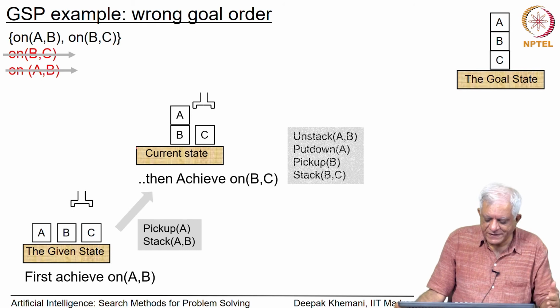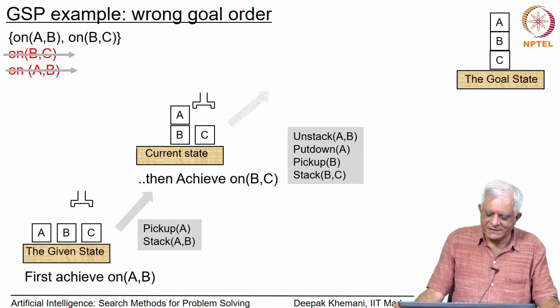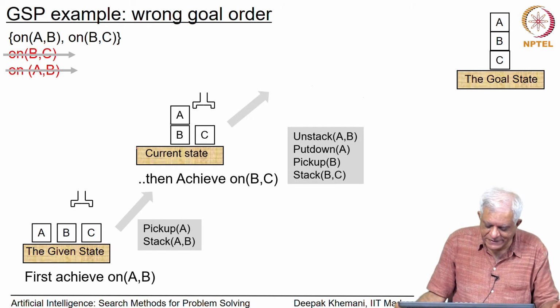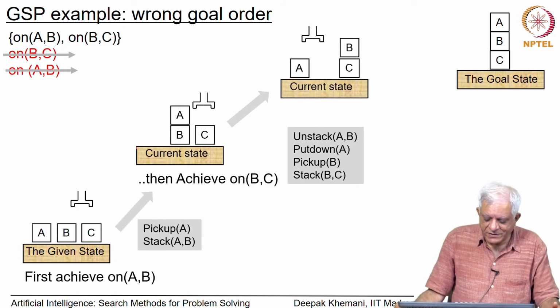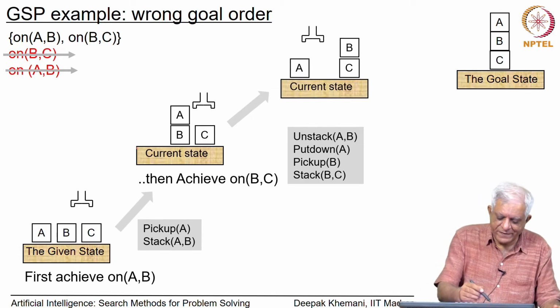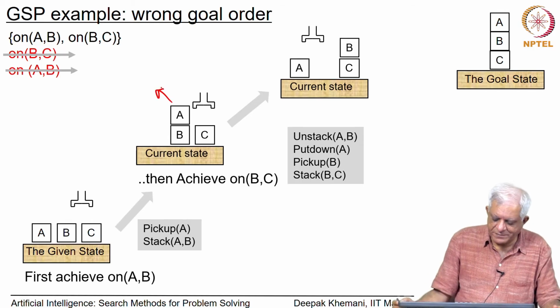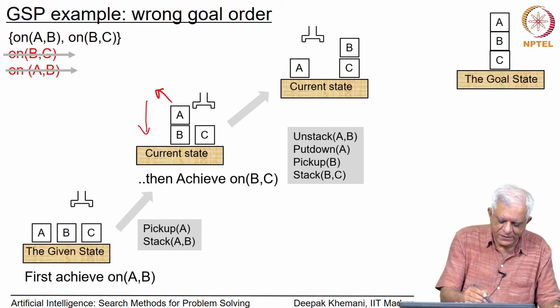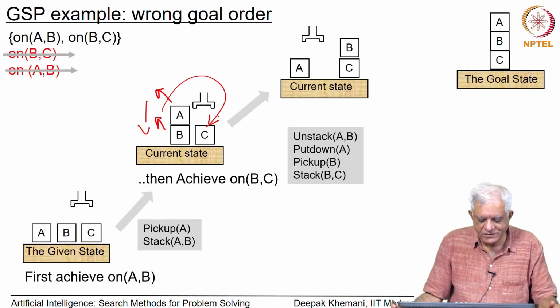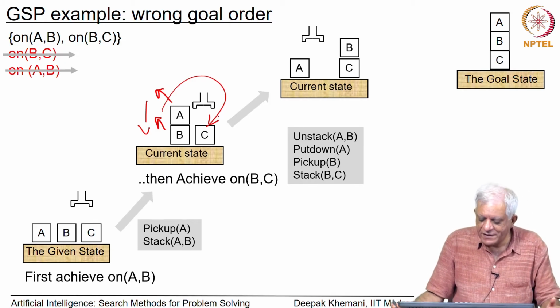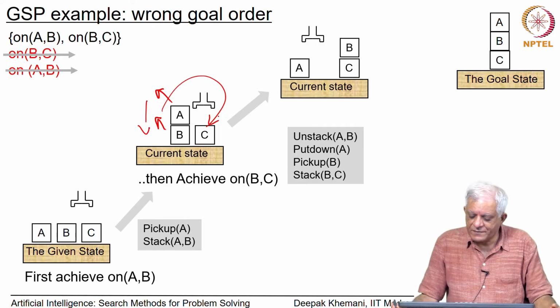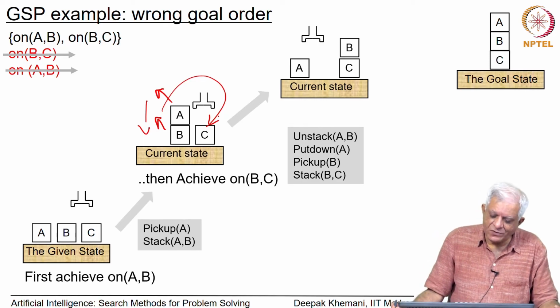You will see that the sequence of actions that achieves on B C in the given state is that you first unstack A from B, then you put it down onto the table, then you pick up B and stack it onto C. So, these four actions in this particular order will achieve the situation where the second goal on B C is true.